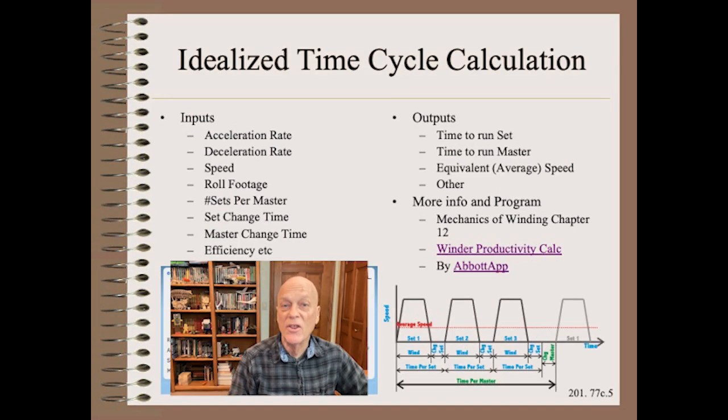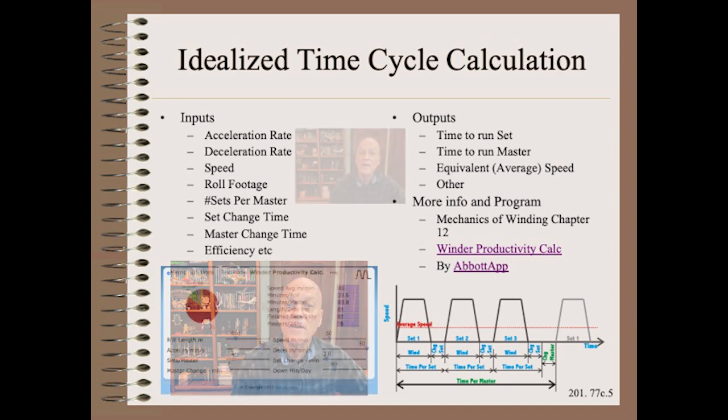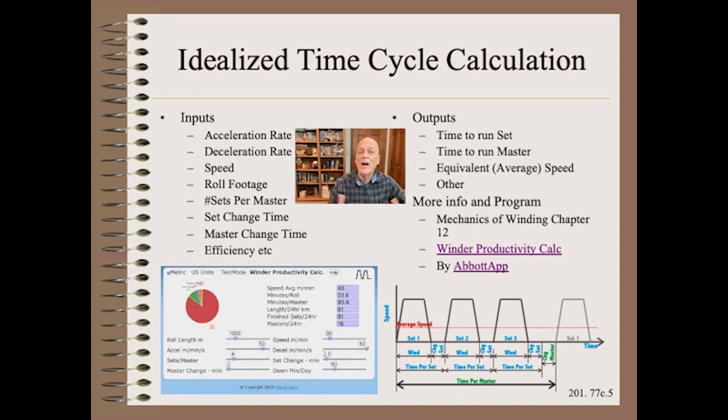Next, we take the required inputs and put them into a spreadsheet to calculate various productivity metrics. You may not need to write the spreadsheet program for a rewinder because there is a gorgeous Avid app that I helped craft. It is free, so check it out. Also, my students who have taken my advanced winding course will have seen all of the details on how to do this.